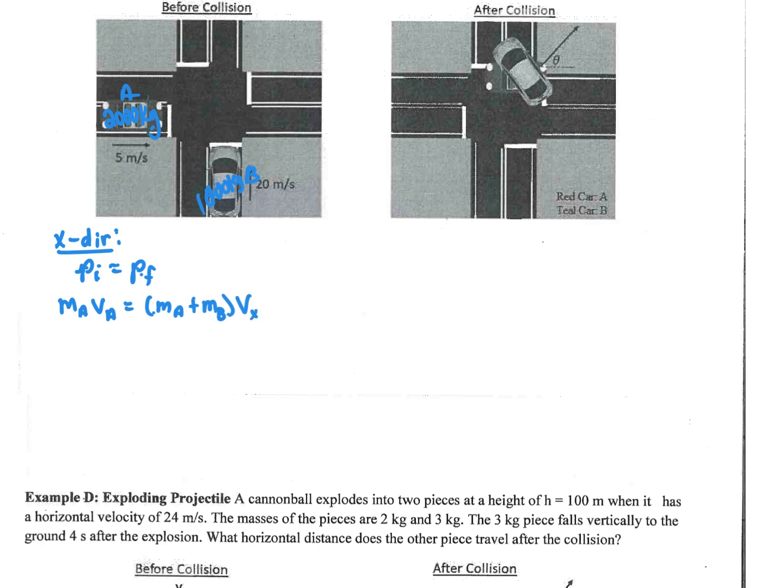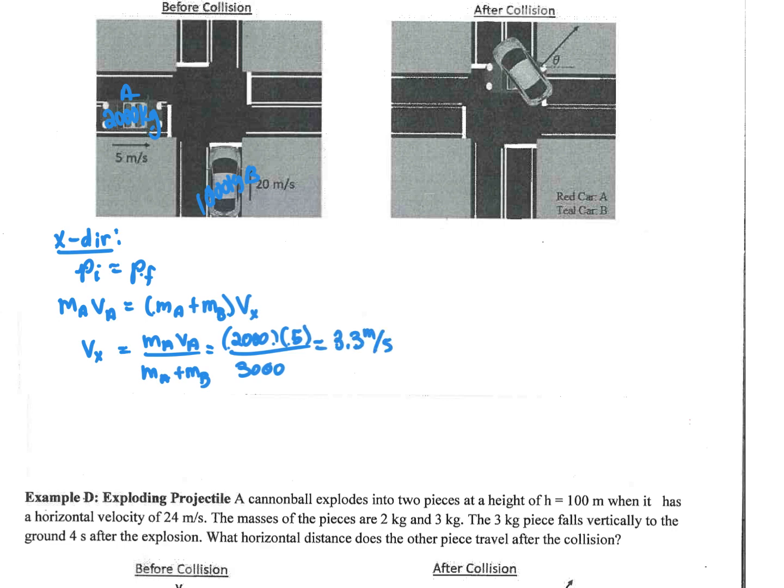So we can figure out what that is by simply dividing. So the velocity in the x direction is going to be the mass of A, velocity of A, divided by mass of A plus mass of B. So we've got the mass of A, which is 2,000, times its velocity, which is 5, divided by 3,000, which is the combined. So we get about 3.3 meters per second. Okay, that's the x direction.